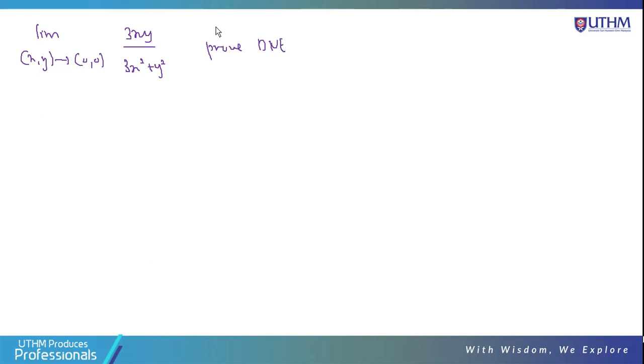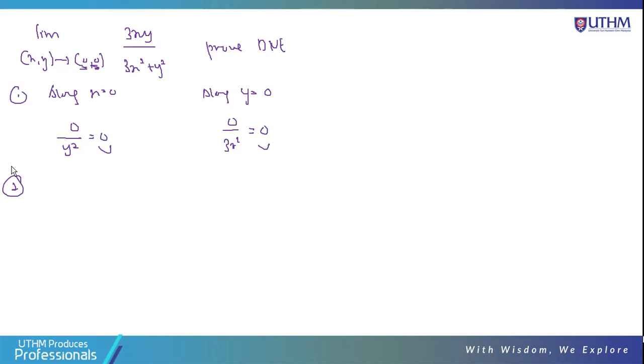First step, we choose along x equal 0 and along y equal 0. So 0 divided by y square is 0, and 0 divided by 3x square is 0. So the value is the same. When the value is the same, that means the limit exists, but the question asks to prove that it doesn't exist. So you need to try the second step.